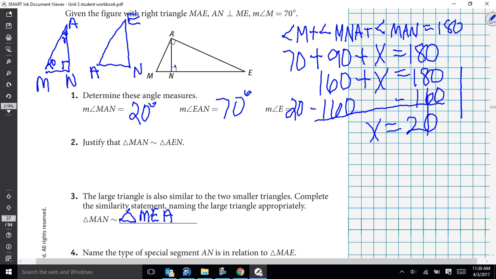So now that I have them drawn where all the corresponding parts are in the same position, it's easier to see. Angle M corresponds to which angle in the medium triangle? A. So let's do the full name. EAN.